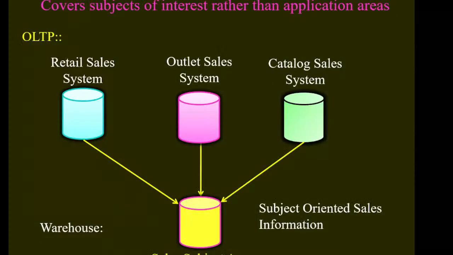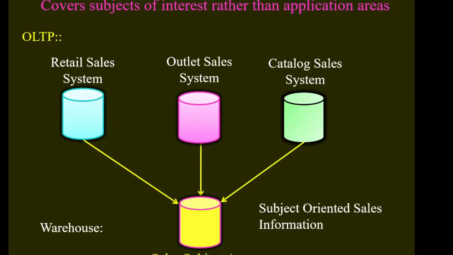For example, if you observe this table, there is one subject called the sales subject. For the sales subject, there can be different types of sales systems in different sources, in different formats. One may be a retail sales system, there can be an outlet sales system, there can be a catalog sales system, etc. But all these different types of sales systems are pulled together under one subject heading.